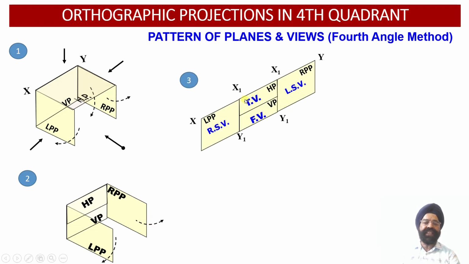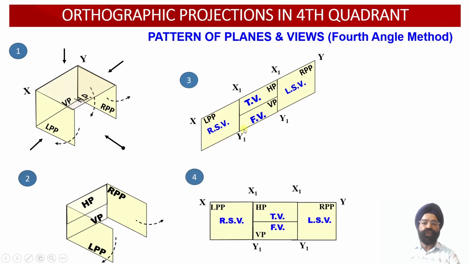So now here we can see that front view and top view projections are going to overlap with each other below the XY reference line, and the right hand side view projections of the object will be obtained on the left profile plane, which will be available on the left side of the front view orthographic projections below the XY reference line, and the left hand side view projections of the object will be obtained below the XY reference line on the right hand side of the front view orthographic projections over here.